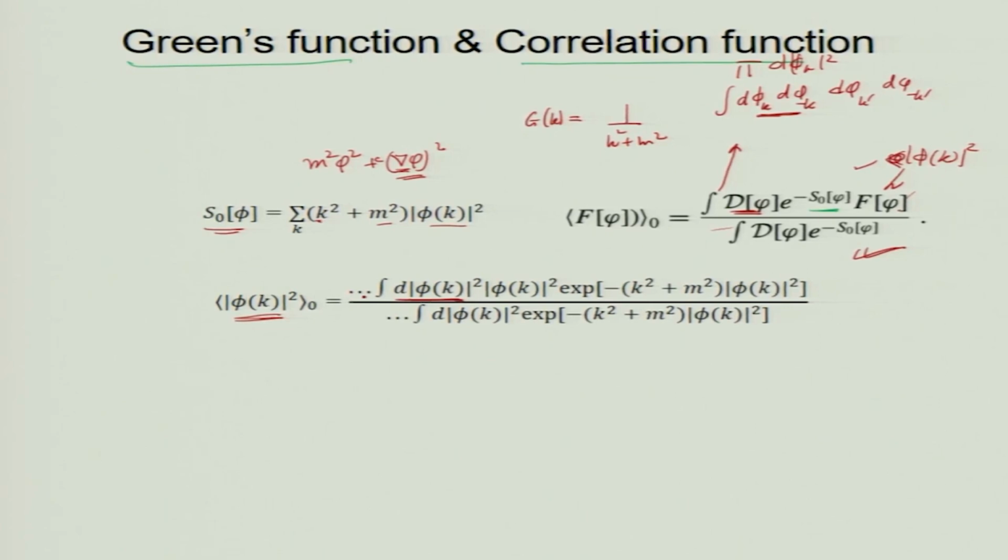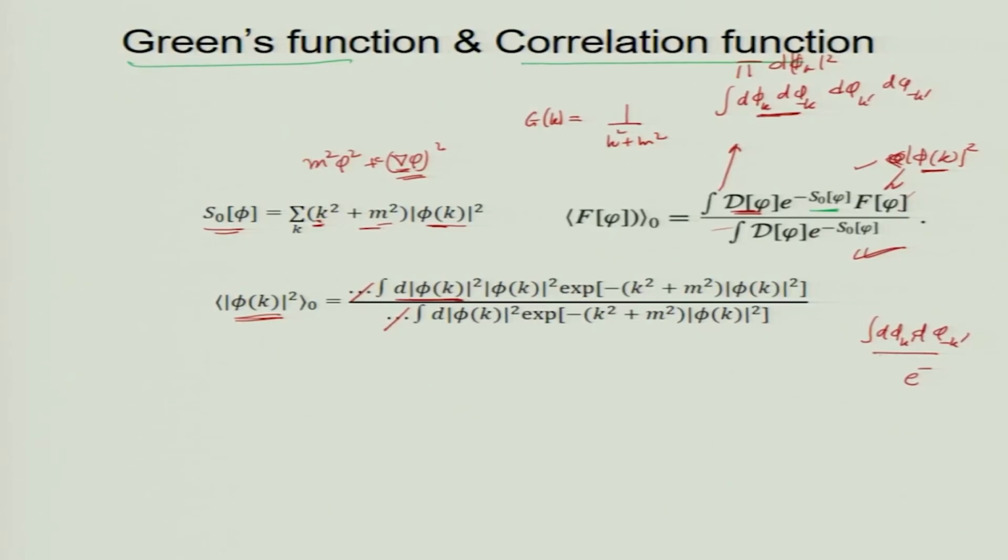Okay. Now, here you see that these objects, integral d phi k prime, d phi minus k prime. My function f is not involving k primes. So, I can pull these outside the integrals, and the exponential will involve exponential minus k prime squared plus m squared times phi k prime squared. So, all of them will come out. So, the dot dot dot and dot dot dot will cancel, right.